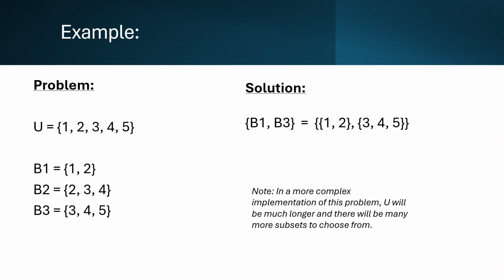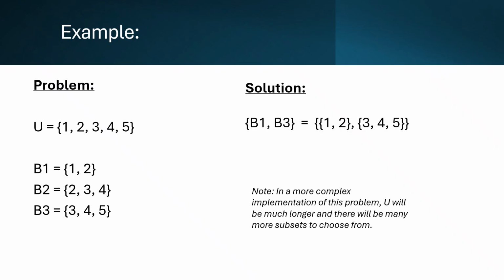We also have three subsets, B1, B2, and B3, which consist of subsets of what is contained in U. And as I said before, to solve this, we need to pick the smallest number of sets possible to cover all the numbers that are present in U. And as we can see on the right, the correct answer here is B1 and B3, which cover 1, 2, 3, 4, and 5 between them.